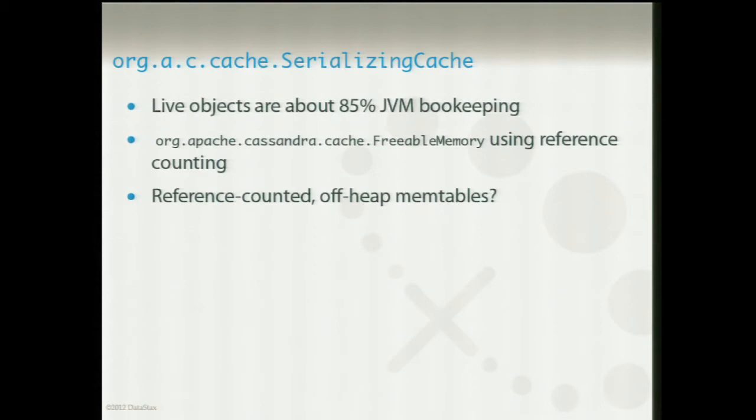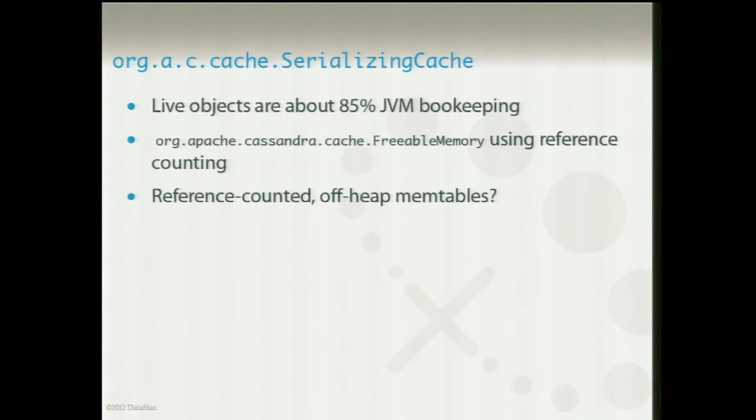So we get 50, 90 microseconds when we're reading from the row cache. So it's very, very fast. But we're wasting a ton of memory because of that whole overhead. So what we did was we decided to move the row cache out of the heap.